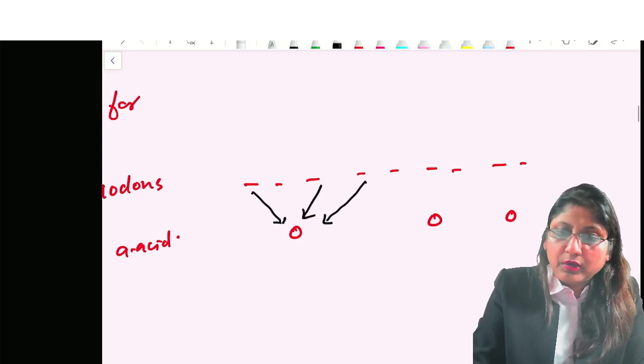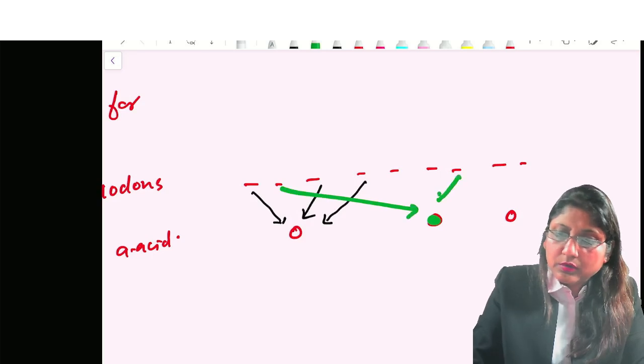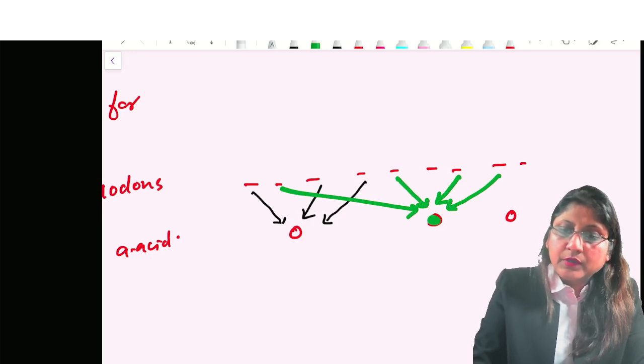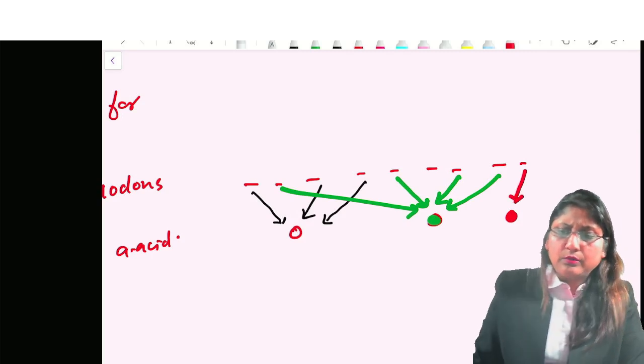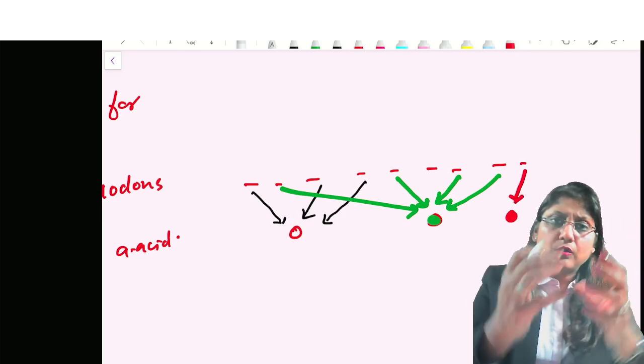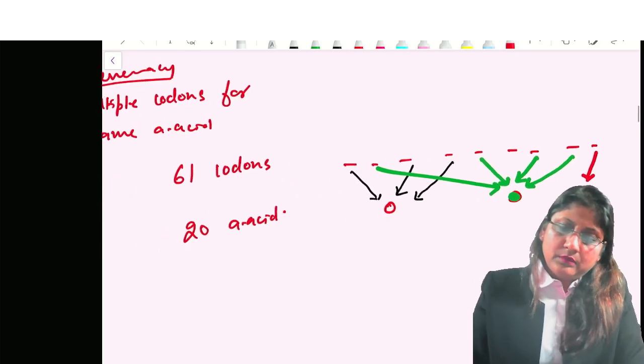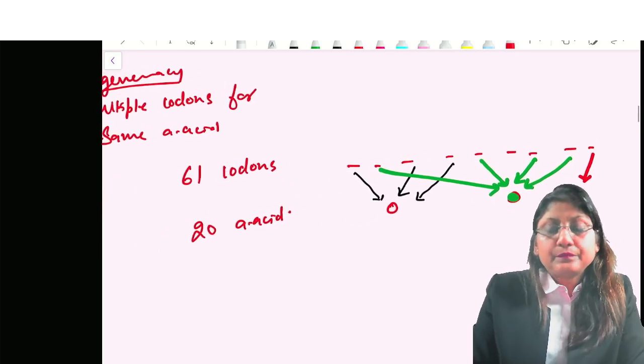In a similar fashion, this particular amino acid may be coded by this codon, this codon, or this codon, right? And suppose this amino acid is coded by this codon alone. So this multiple codons coding the same amino acid is called degeneracy.